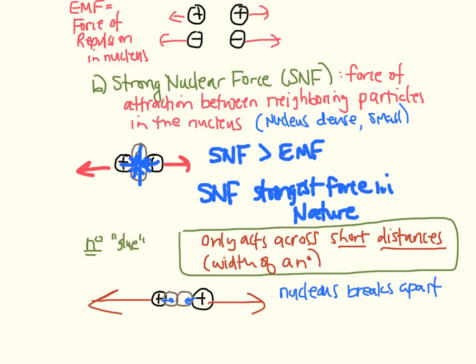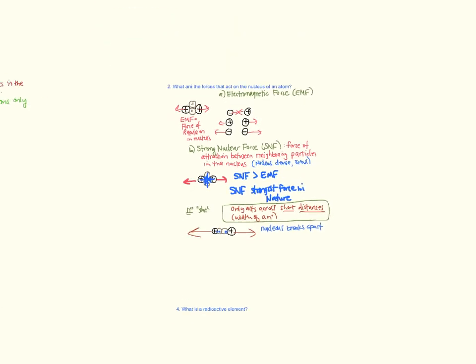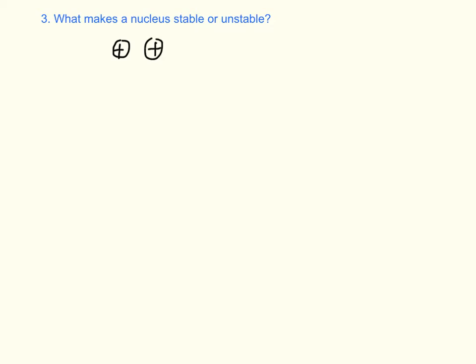Okay, so now we're going to move on to question number 3 that we introduced at the beginning, which is what makes a nucleus stable or unstable? We just got done talking about the strong nuclear force providing this force that holds the protons together within the nucleus, right?